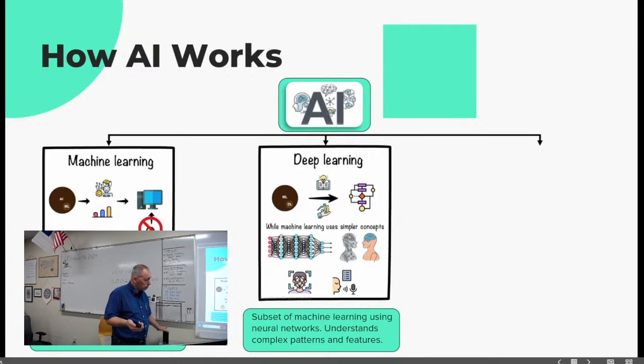So now we're looking at a subset of machine learning using neural networks. Don't ask me how they're built, who builds them, or where these brainiacs come from. But a neural network is multi-layered.